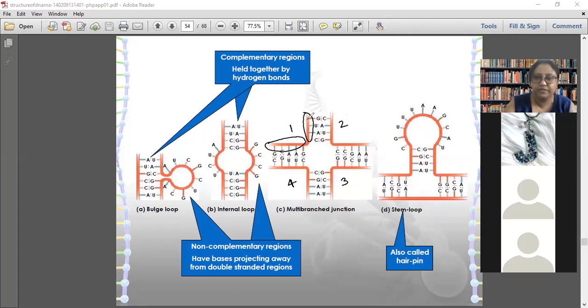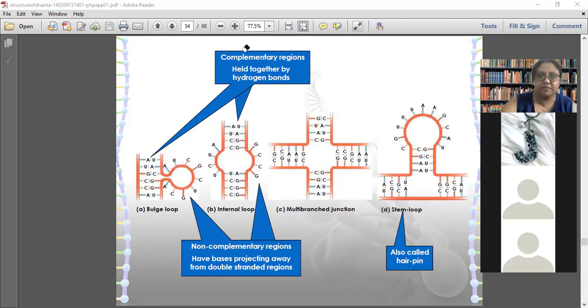Is this clear to everyone? Yes, ma'am. Similarly, 2 has this part complementary to 1 and this part complementary to 3. This way, multi-branched pairing between different parts of RNA is possible to create a junction-like structure. This is known as X junction or Holliday junction.